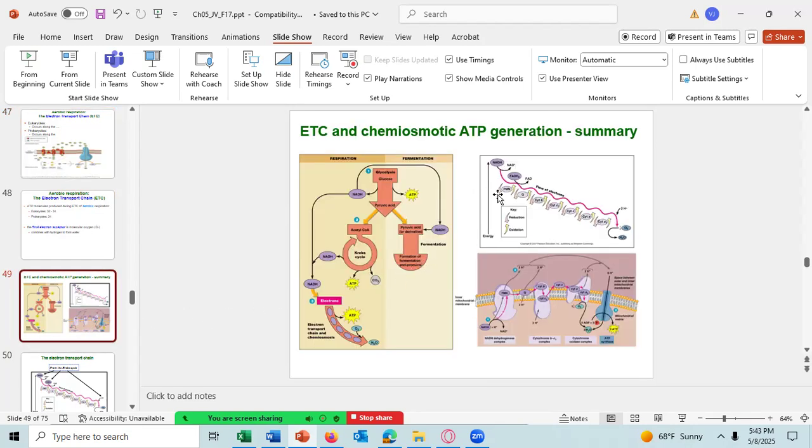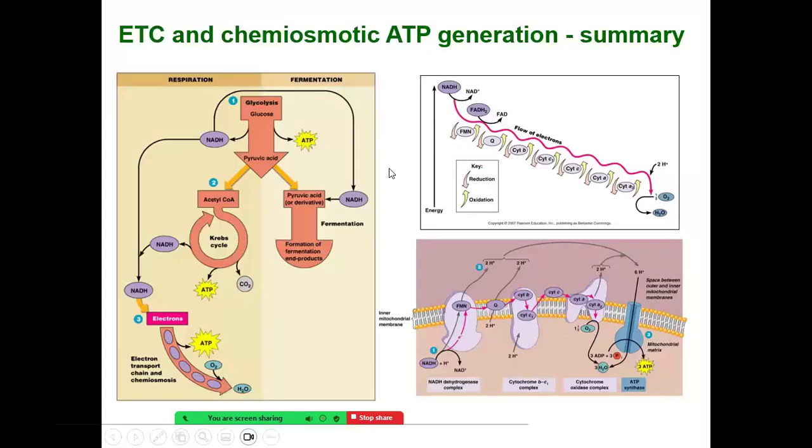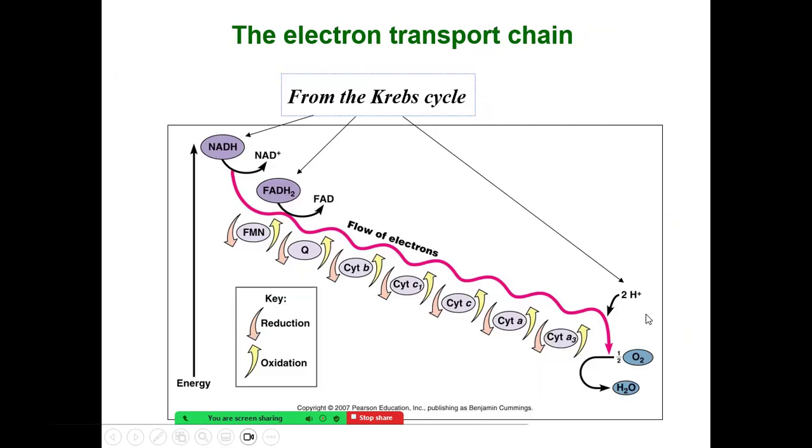The electrons are carried from one molecule to another, giving up some of their energy. And in aerobic respiration, the electrons ultimately flow to oxygen. Let me blow that up. The electrons ultimately flow to oxygen, forming water. And then we'll talk about this in a little bit. So there's that one there.